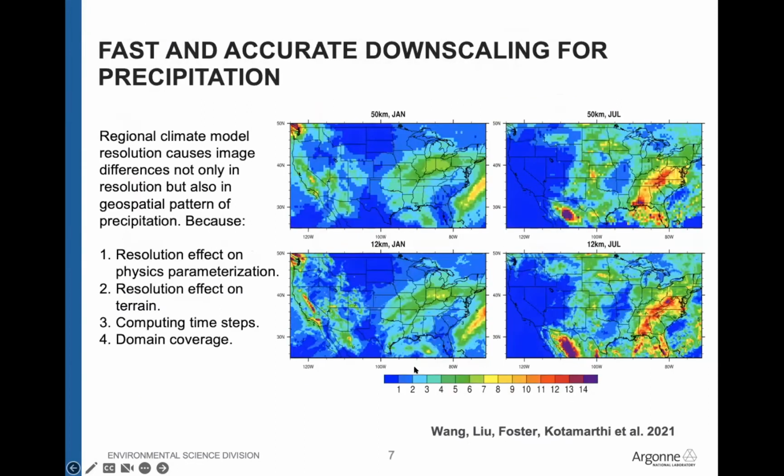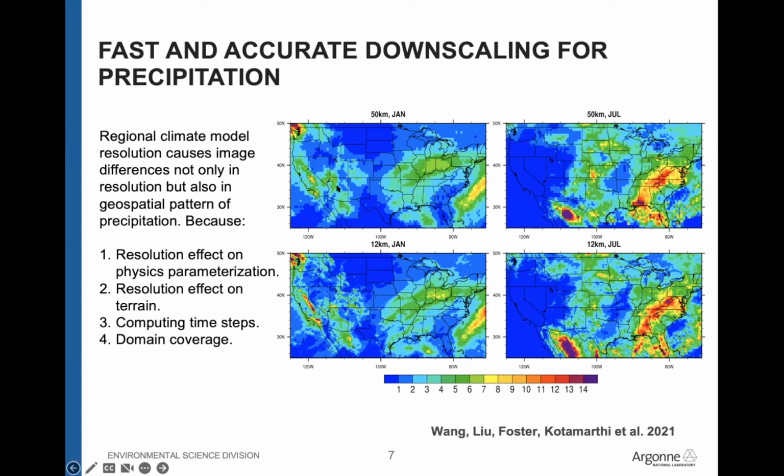And we also have other examples, such as generating data from low resolution to high resolution. We realized that climate models could generate different images if you run them at a different resolution, because there are other factors when we run the model, including the time steps and terrain effects.